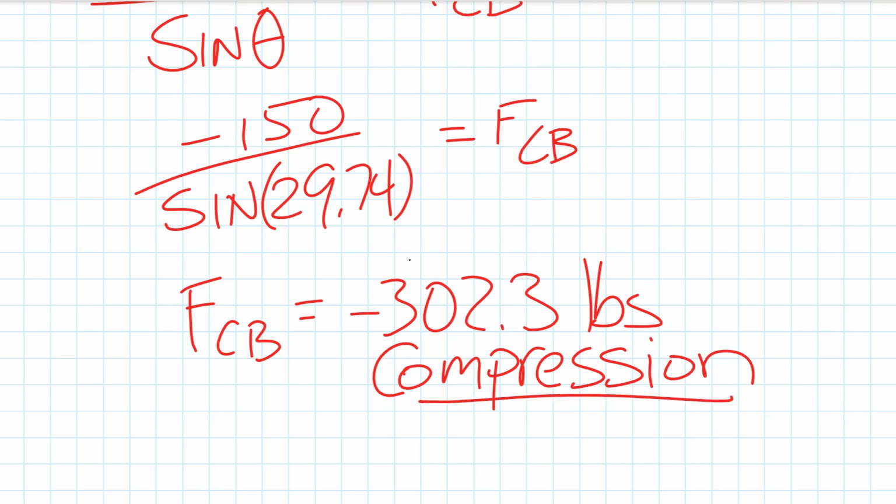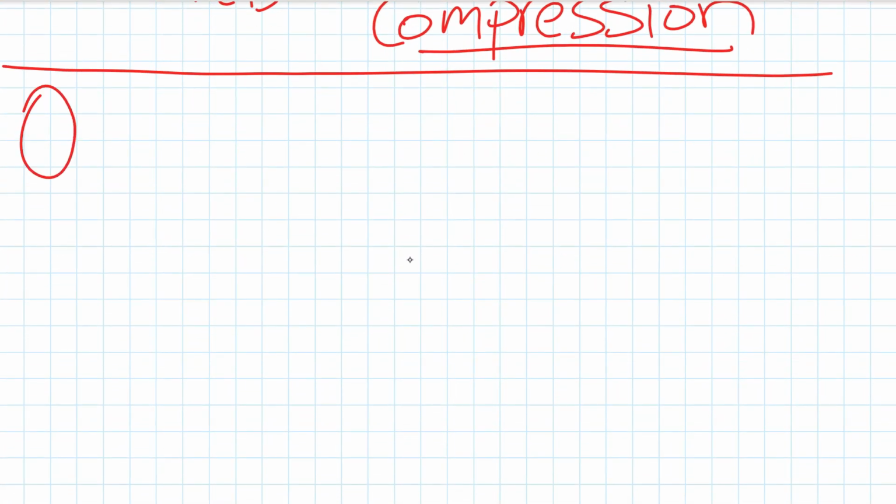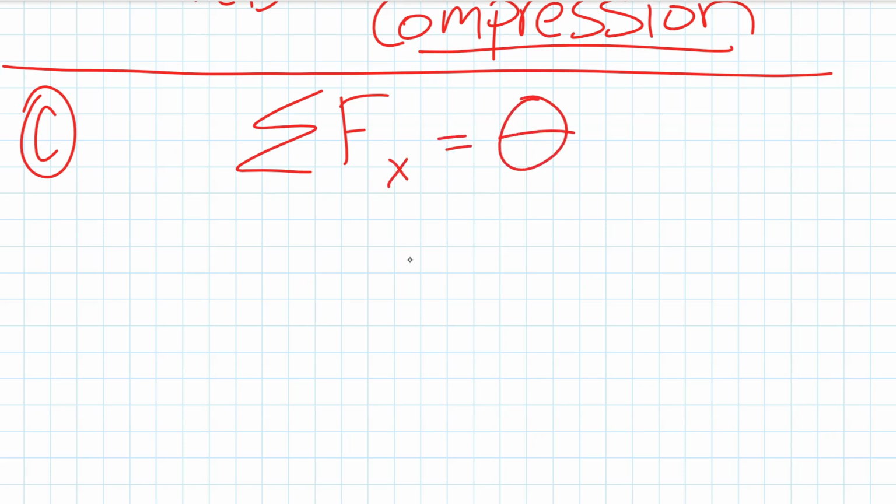All right, now we need to look at point C again, and this time we're going to look at the x direction. So the sum of the forces in x has to be equal to 0. Not theta, 0. Assuming everything is in tension, we're going to write this down.